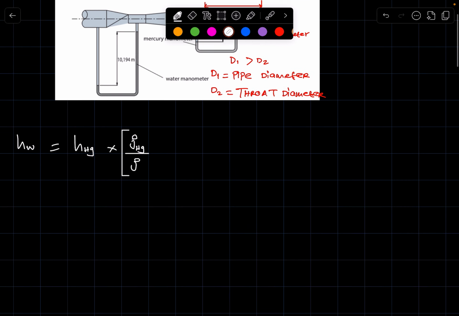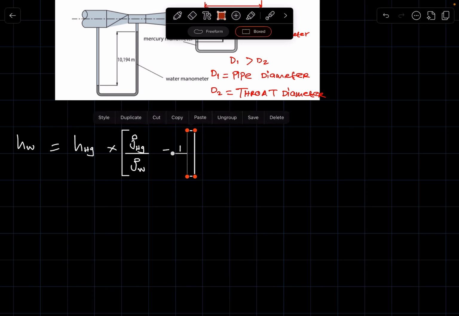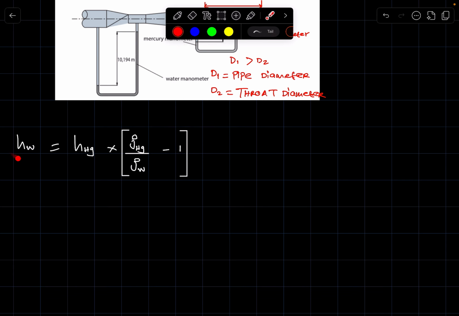So this would, for instance, be the density of mercury over the density of water, if indeed it's water that's running through the system, and then minus 1. This is the original formula that we use to calculate either the pressure head difference or the head of mercury.